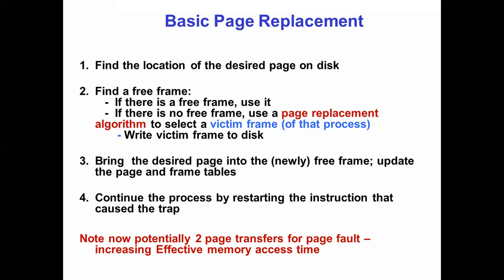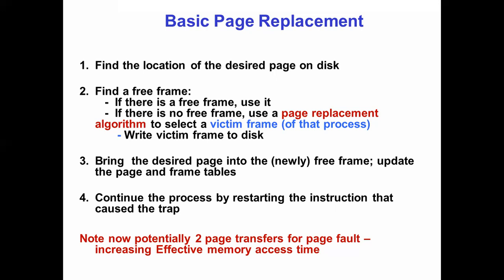So the operating system first checks whether a free frame is available in the physical memory. If a free frame exists, then the desired page moves into the free frame. Then update the page and frame tables.